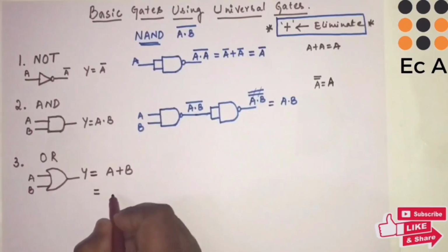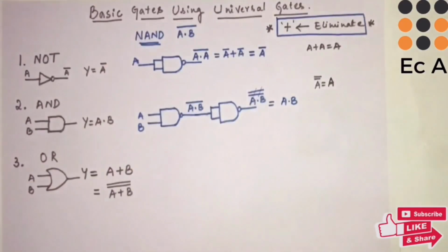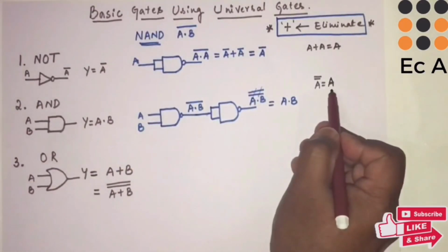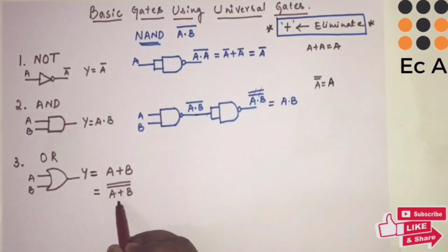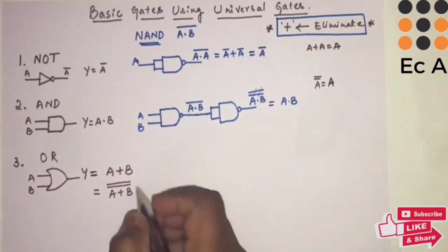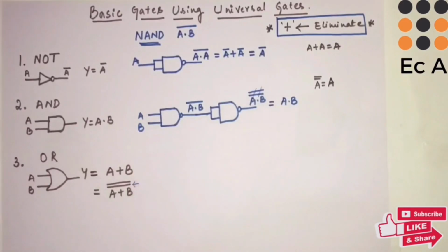We can write down the same equation A plus B, and we can apply a double bar for this equation, because we know A can be written as A double bar. In the same way, A plus B can be written as (A plus B) double bar. We can simplify this inner bar using De Morgan's analysis.